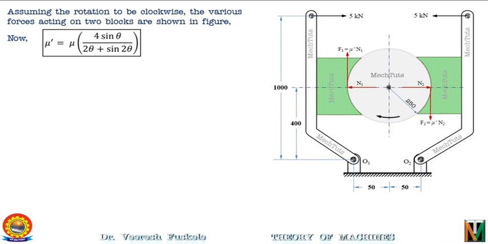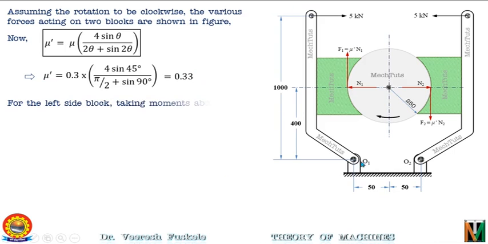So putting the values of mu and theta in this, mu dash is equal to mu, which is 0.3, into 4 into sine theta, which will be 45 degrees, as 2 theta is 90 degrees, and 2 theta here will be kept in the radian form, that is pi by 2. So this will compute to 0.33. So mu dash we have found out as 0.33.